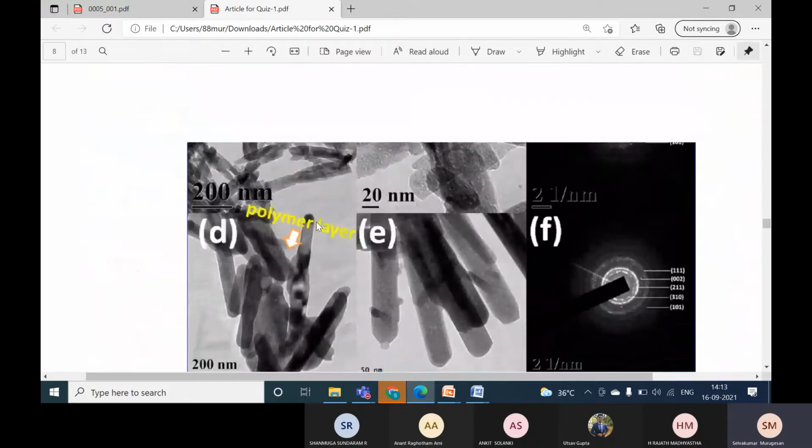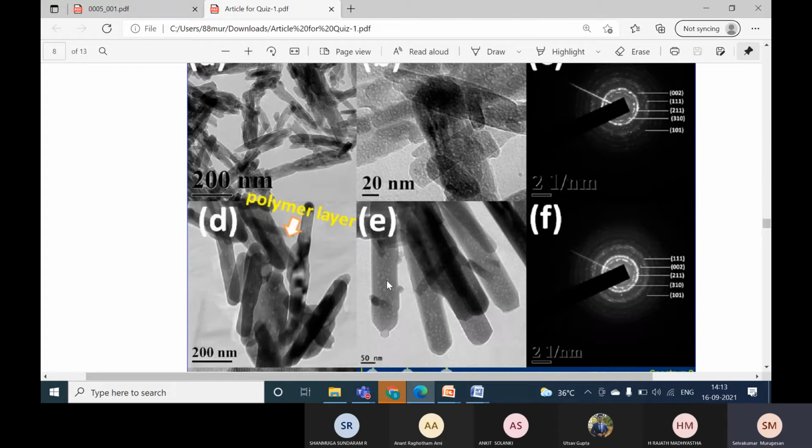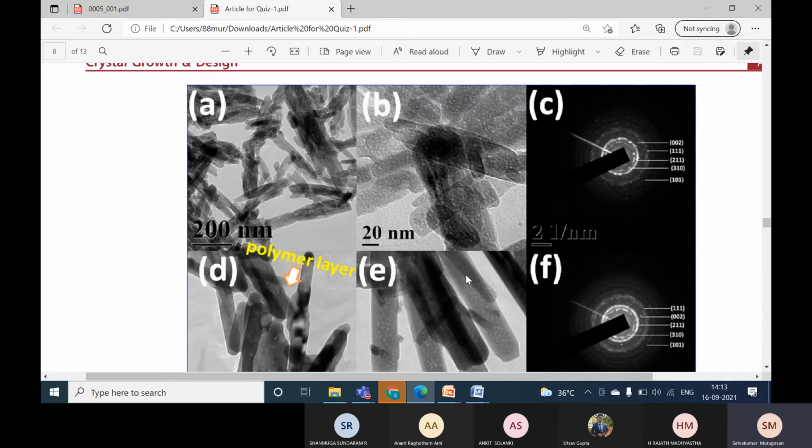And again, when we use a sonochemical method, if you put in the ultrasonic probe, that again produces mesoporous structures inside the nanorod, which was not pronounced in the case without beta cyclodextrin.